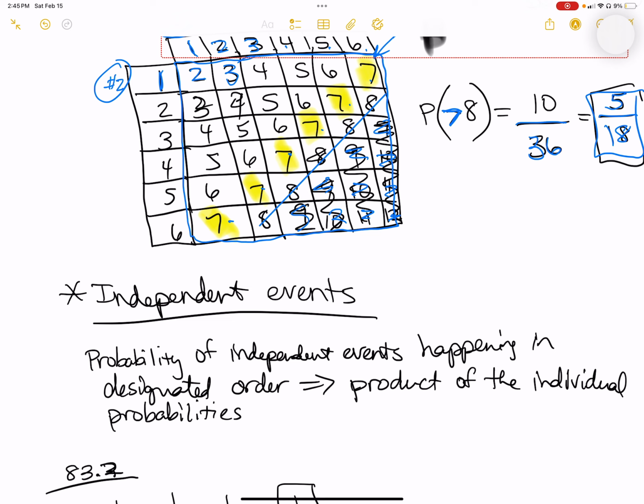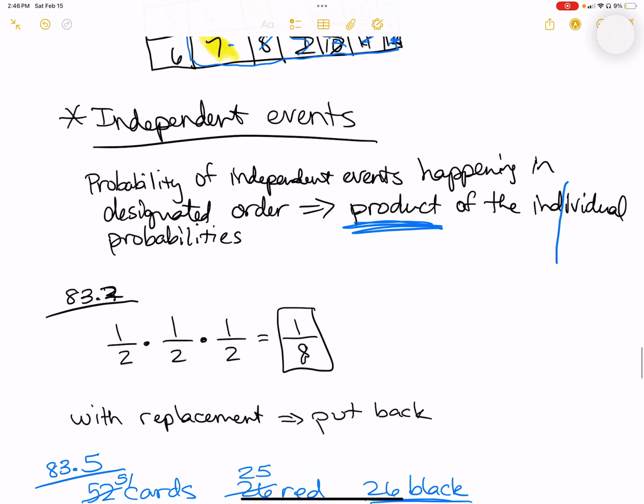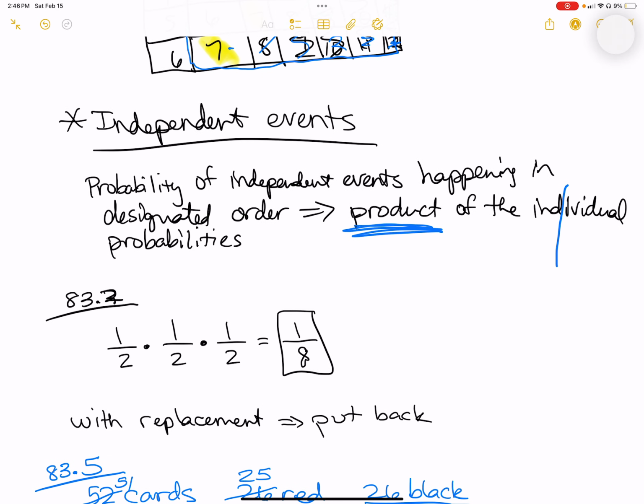The probability of those events happening in a certain order is going to be the product of those probabilities. So in other words, if I say, what's the probability of me getting heads and you getting heads? Mine's a 1 in 2, yours is a 1 in 2, and so it's 1/2 times 1/2, okay? So the first example says, what are the odds, or what's the probability of getting heads 3 times if you flip a coin 3 times?